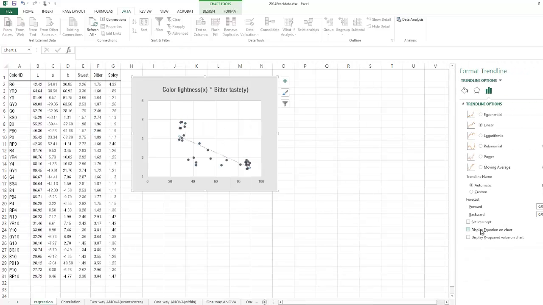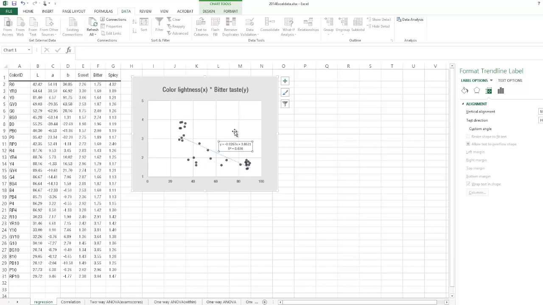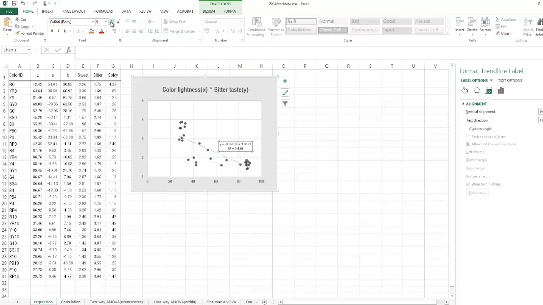So here we can display the equation on chart, and we can display the r-square value on chart as well. So let's see it bigger. So we have the equation of this regression line, which is this, and the r-square value is a result like that.